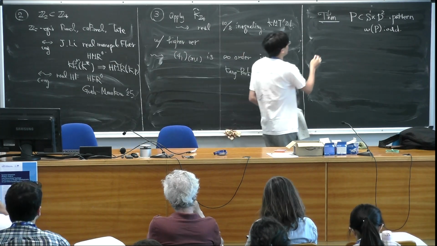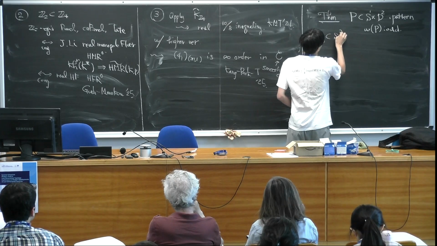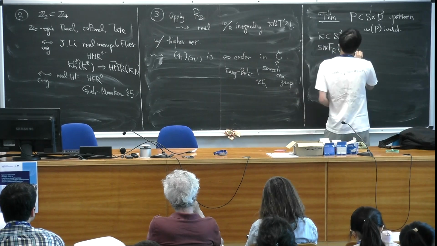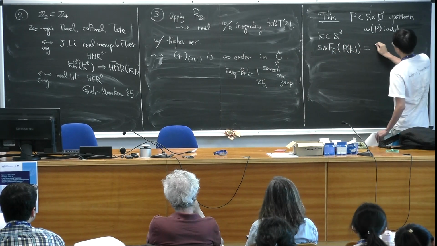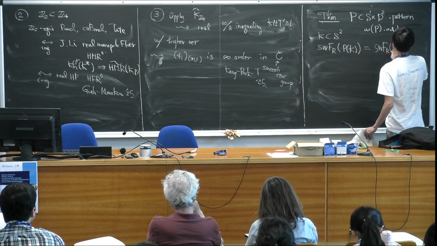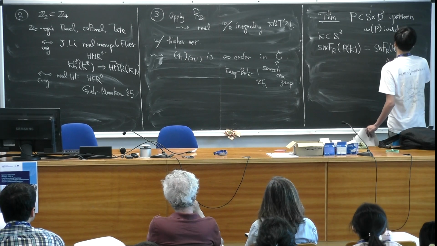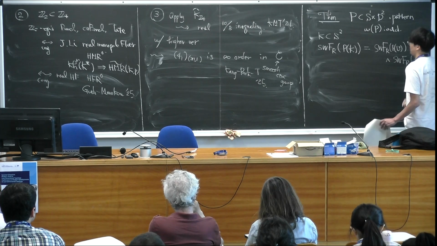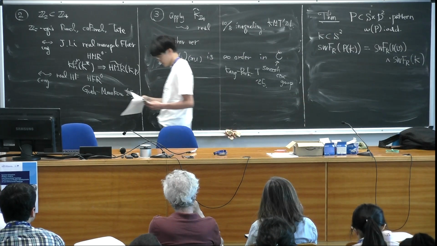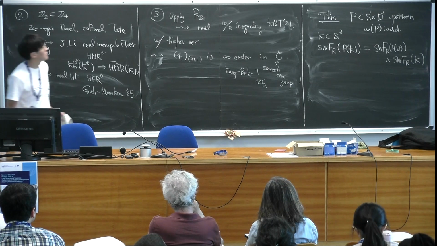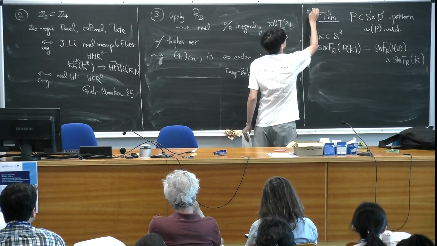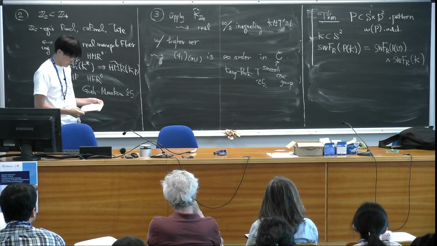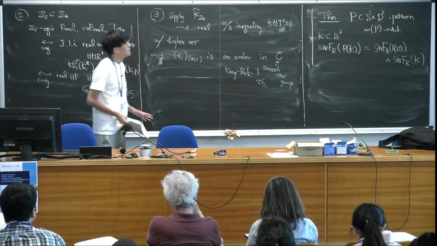Then for any knot K inside S^3, the real Floer homotopy type of P(K) is equal to the real homotopy type of P(U), which is the real homotopy type of K. So this is the main theorem today.